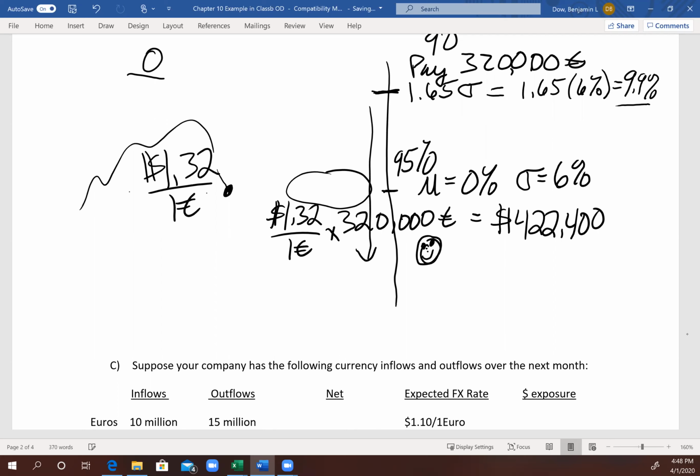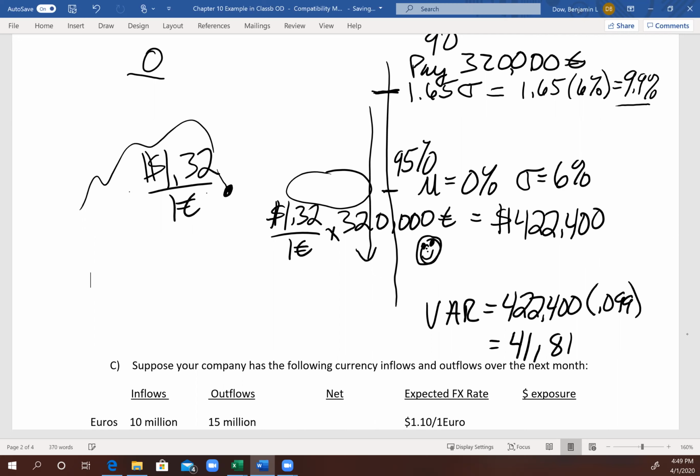But our value at risk would be paying them 9.9% more. And what does that turn out to be? $41,000, I'll just round up, $818.